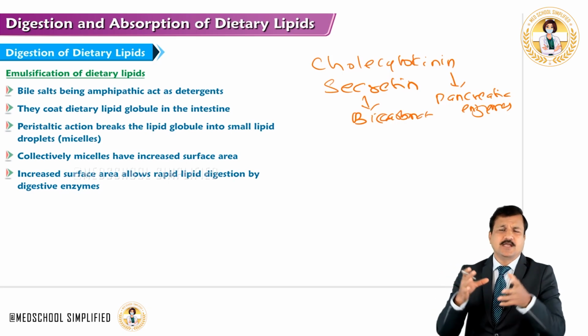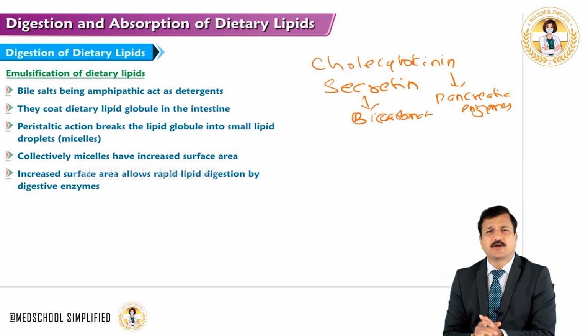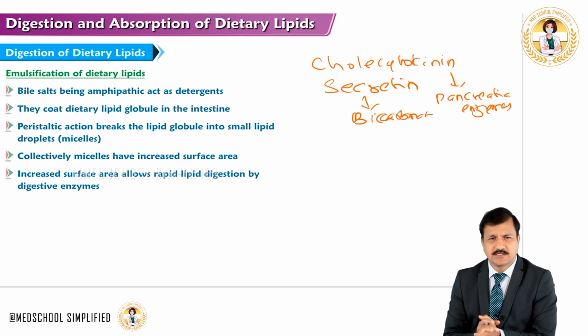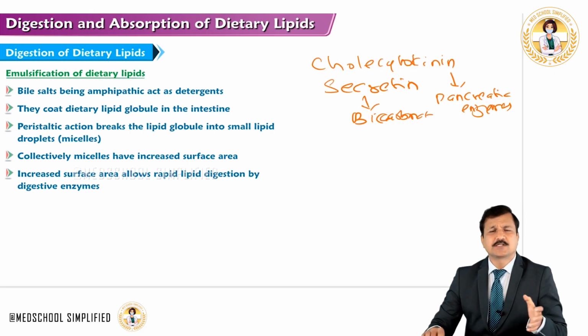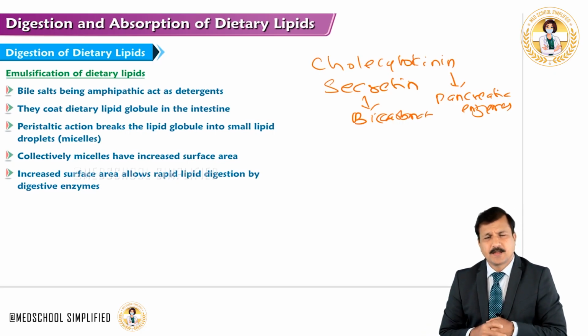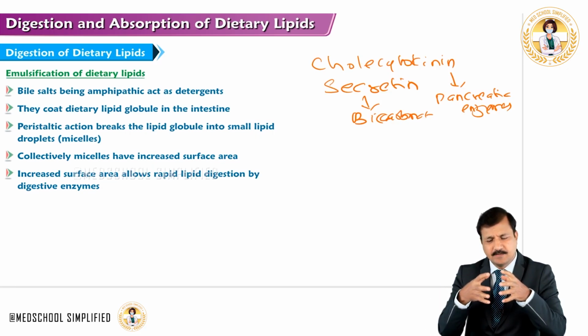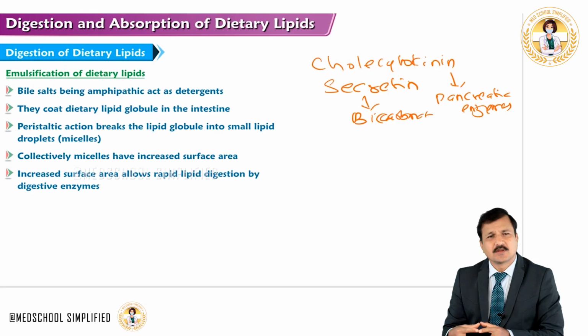Now, the lipids are in the small intestine coming from the stomach, partially digested by the action of lingual and gastric lipase or mammary lipase. Lipids are hydrophobic, insoluble in water, so they will coalesce and make a lipid mass.